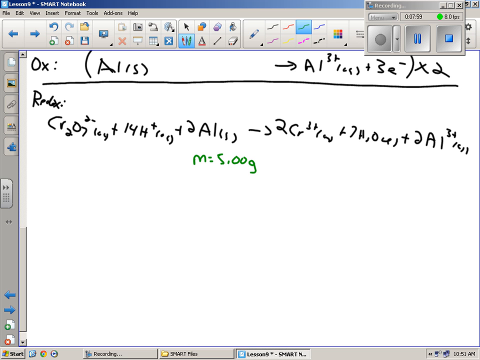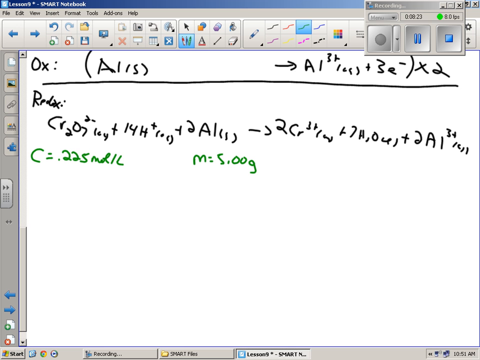Okay. Yeah. What about 0.225 molar? Where does it go? Nowhere? Yeah, it does. Right here is 0.225 moles per liter. Okay? Yes?